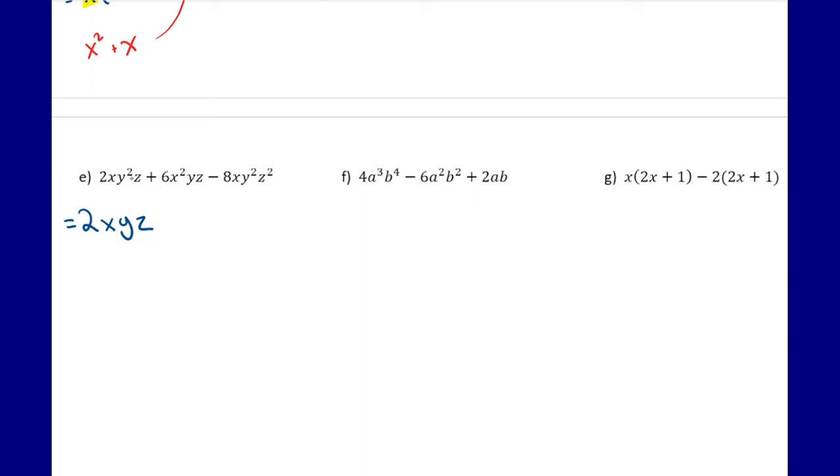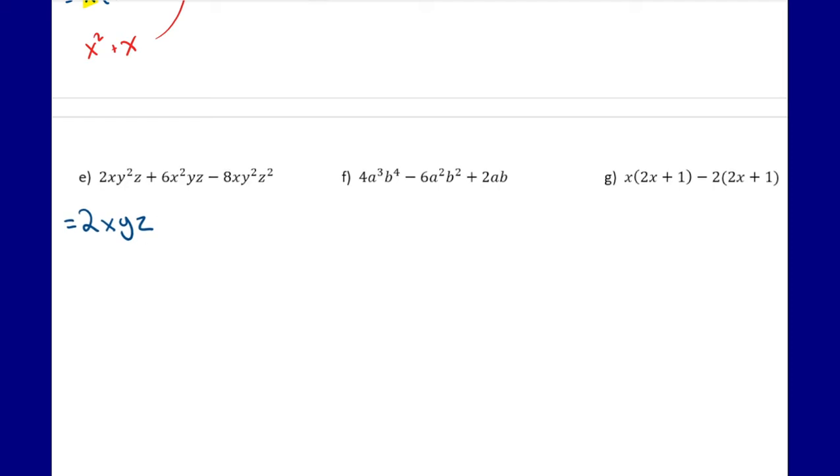On the y, we have y squared, y squared. So even though we have y squared on 2, the lowest is 1, so that's what our exponent has to be. Z, we have 1, 1, and 2, so again, 1 has to be part of our greatest common factor. We can't have 2 as a factor because there is a term that doesn't have an exponent of 2.